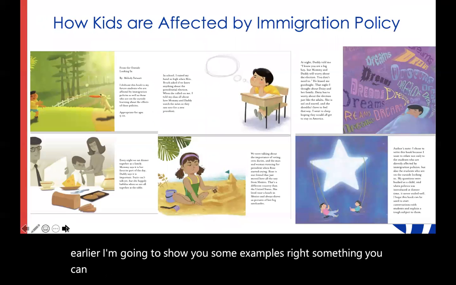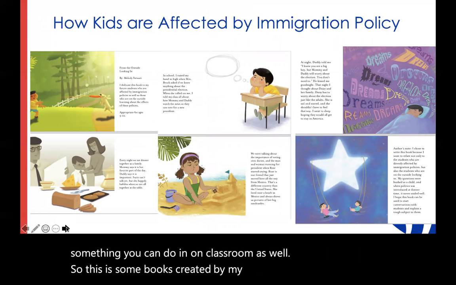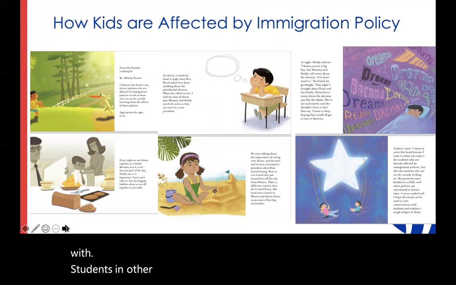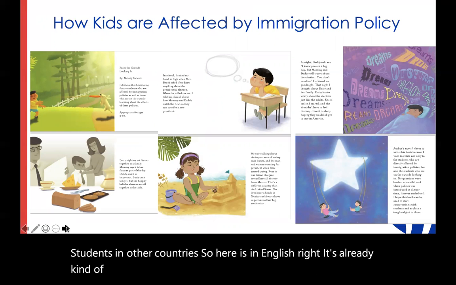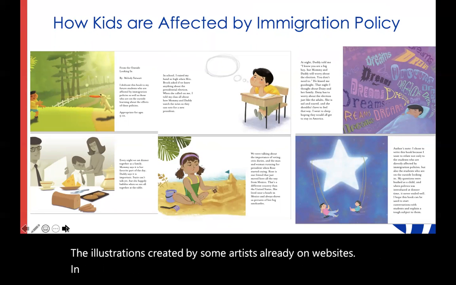So these are some books created by my students collaborating with students in other countries. Here's one in English. They use the website I mentioned earlier, so you can use the illustrations created by some artists already on the website in the system, and then they can create their own stories based on the pictures.